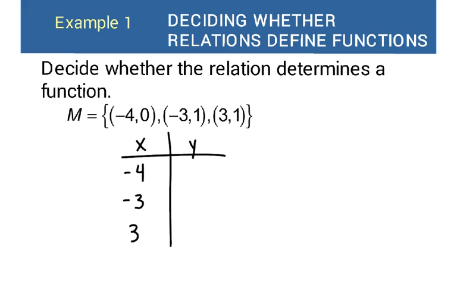And here are my y's, 0 and 1. So here we have -4 going to 0, -3 going to 1, and 3 going to 1. This right here is a function because each distinct x value has exactly one y value.